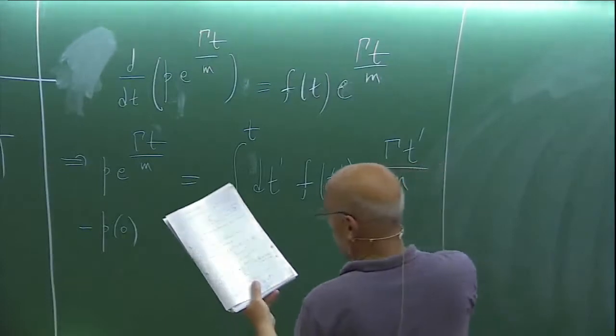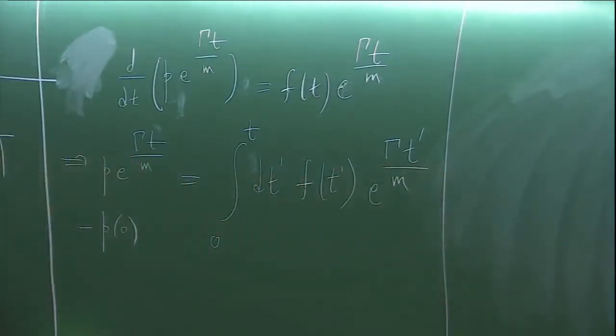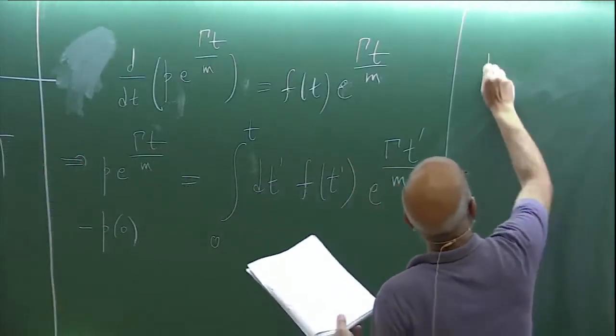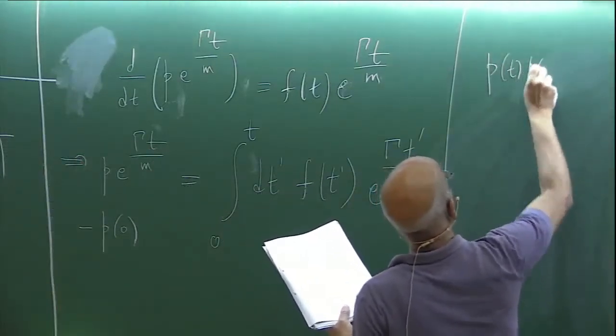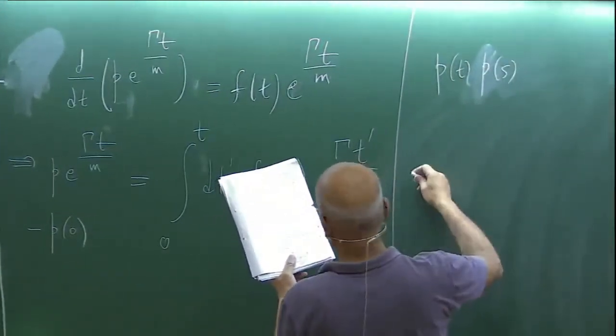And so now you can ask, what would you like to calculate? You'd actually like to calculate how this momentum or velocity is correlated in time. But step one, you'd like to calculate its value when the two times are the same. So let's calculate P of t, P of s for two different arguments t and s. Okay?